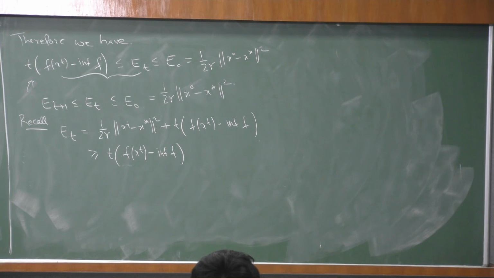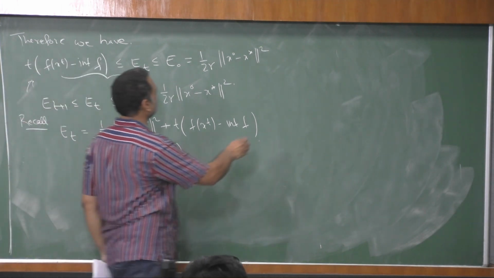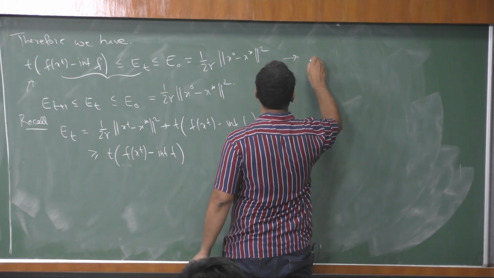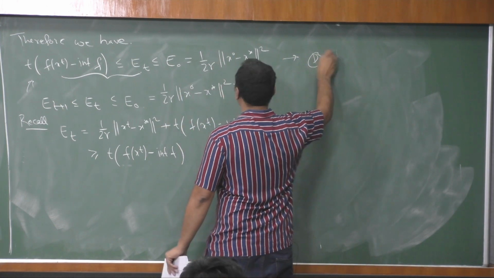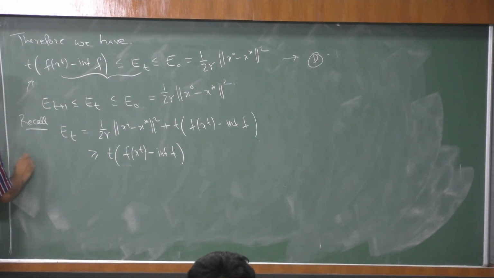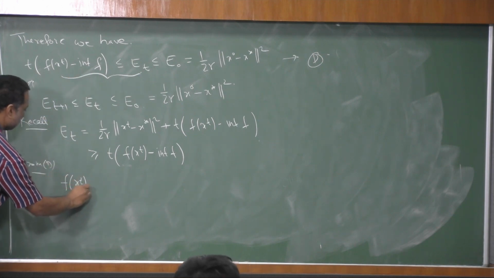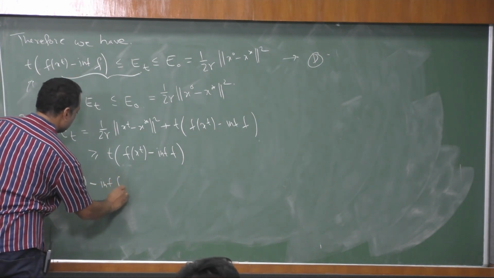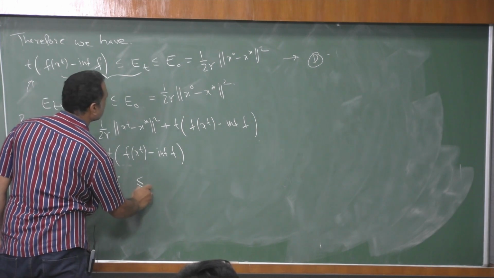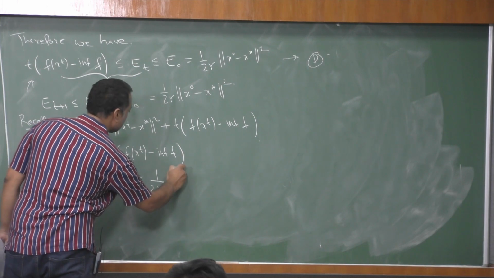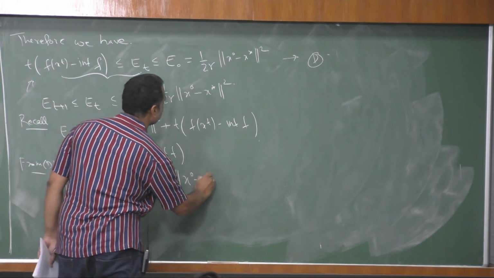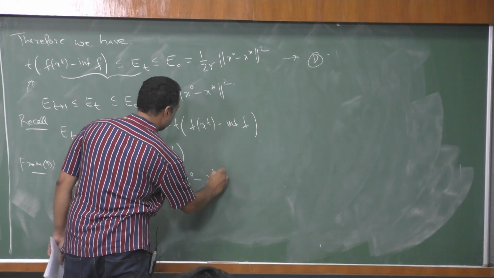So what do we conclude from here as a final step? Let us say these are A, B, C, and this is D. Then from D, what we conclude is that this difference f(x_t) minus infimum of f is less than or equal to 1 by 2 gamma t norm of x naught minus x star.